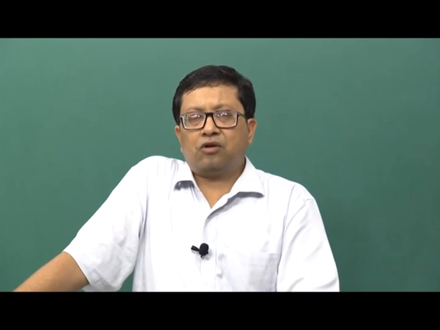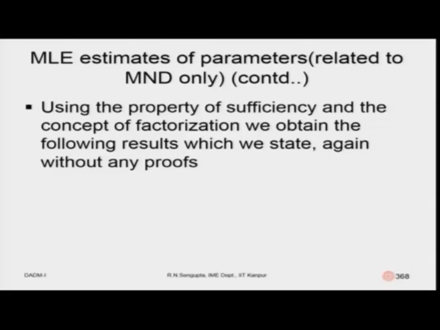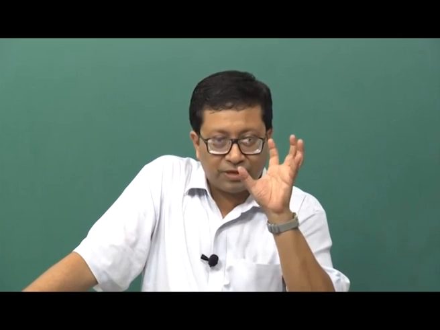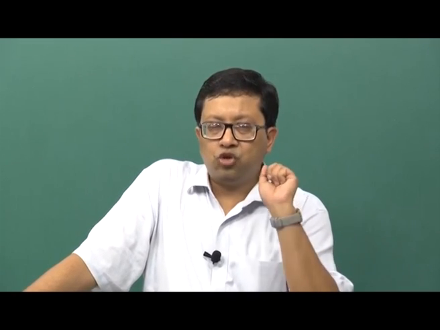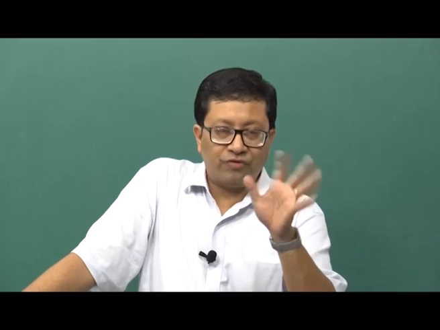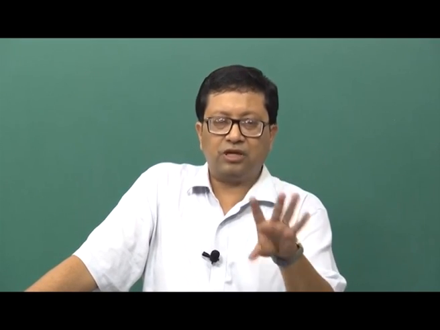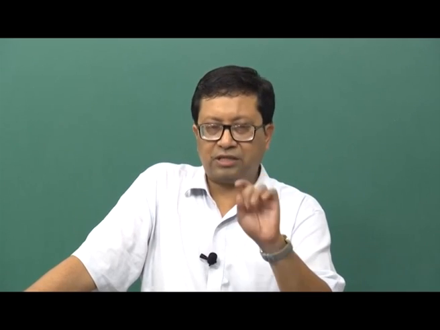So, now using the concept of sufficiency and the concept of factorization, we obtain the following results. We state again without proof. In the maximum likelihood estimate, if you remember, we also discussed the general method of moments. With maximum likelihood estimation, the concept basically remains that you pick up a set of observations of small n in size, and you do not have the values of the parameters, which are mu and sigma for the multi-normal case, and you want to estimate them.